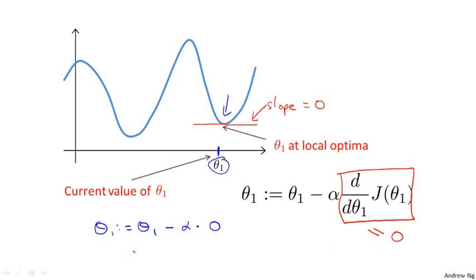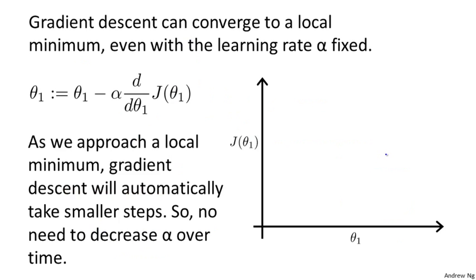And so what this means is that if you're already at the local optimum, it leaves theta 1 unchanged, because theta 1 gets updated to theta 1. So if your parameter is already at the local minimum, one step of gradient descent does absolutely nothing. It doesn't change the parameter, which is what you want, because it keeps your solution at the local optimum. This also explains why gradient descent can converge to a local minimum even with the learning rate alpha fixed.